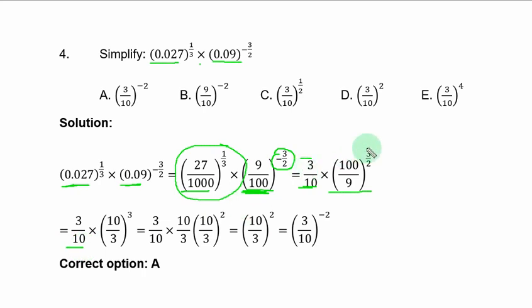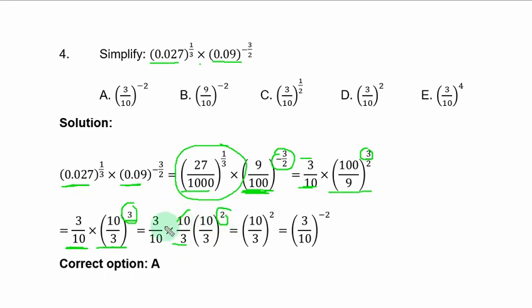In this place, if you factor out power 3, what you have there is 1 over 2, which means square root. So square root of 100 over 9 is 10 over 3 to the power of 3. Now, let us factor out 10 power 3 from this place so that it can remove this for us. Now, power here is 3. If you factor out 1, so you have 10 over 3, then power of 2 is remaining.